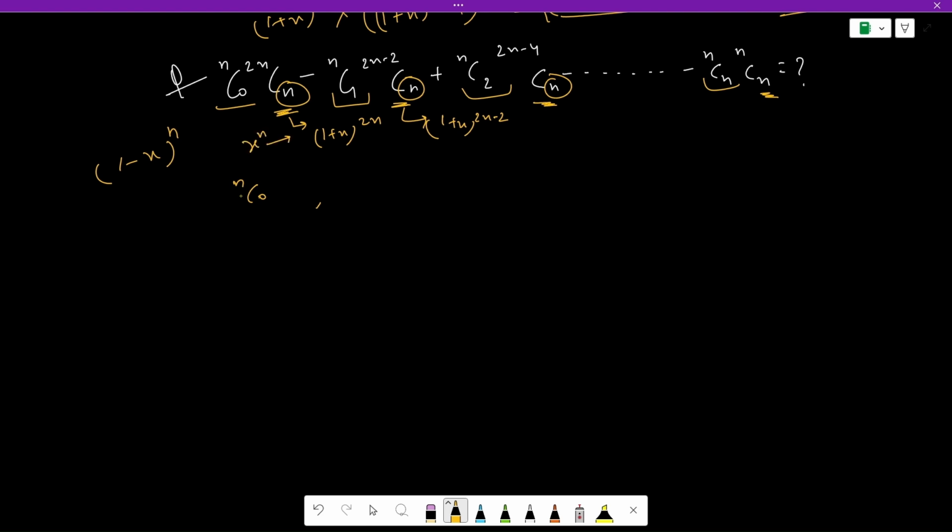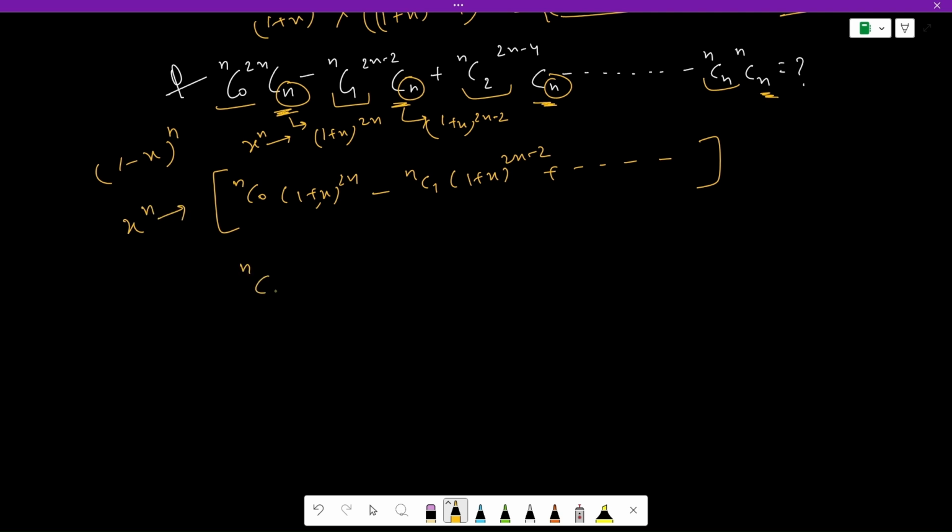So by the above logic, again we can say this is nC0 into (1 plus x) raised to the power 2n minus nC1 into (1 plus x) raised to the power 2n minus 2, and so on, and we need the coefficient of x raised to the power n in this.